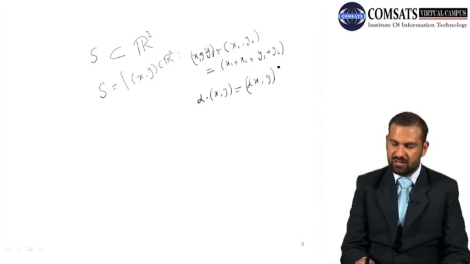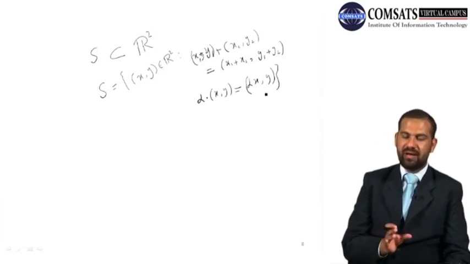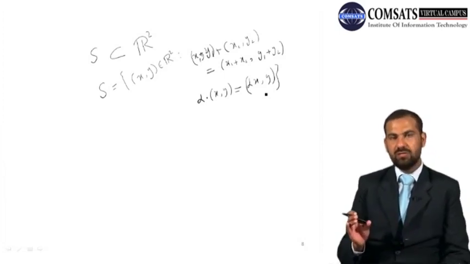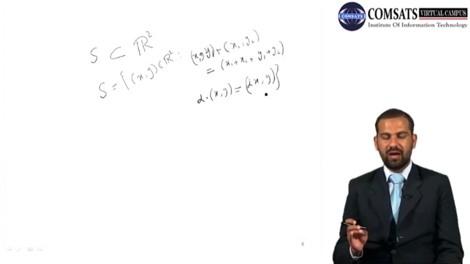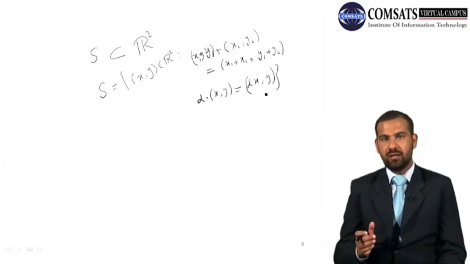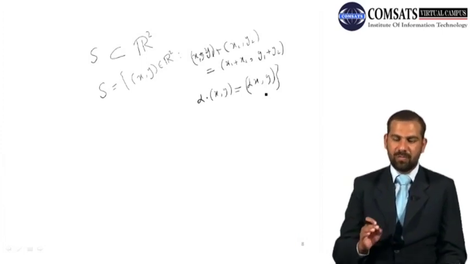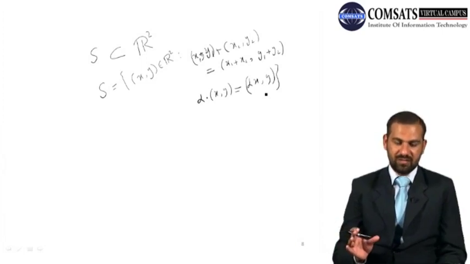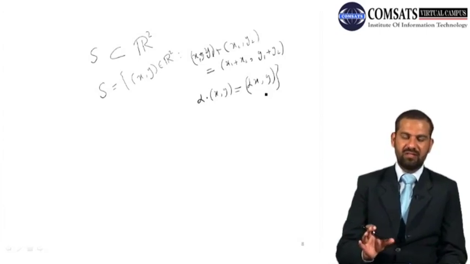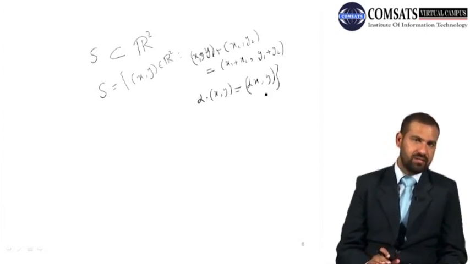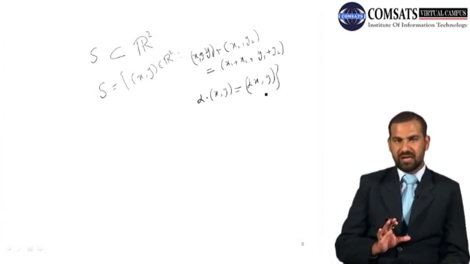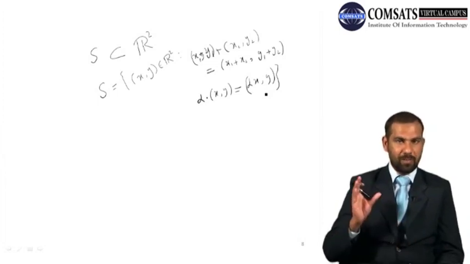So it is the collection of all those elements which have the property that if you add two vectors, their sum is equal to (x1 plus x2, y1 plus y2), and whenever you multiply by alpha any vector, it multiplies only the first component, not the second component. This is the addition way, and this is the scalar multiplication we define on the set. Now let us see whether this S is a vector space. For a counterexample we must check whether it satisfies every property or not.